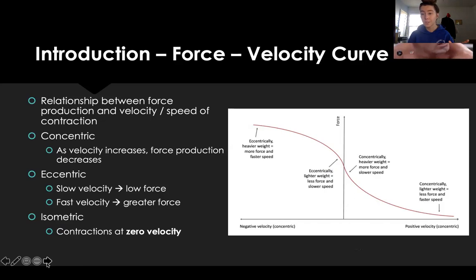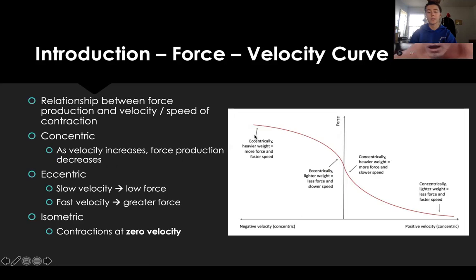Okay, force velocity. I'm pretty sure you guys have already been introduced to this, but I'm going to briefly go over it. Force velocity, you can see the visual representation of it on this graph. The force velocity curve kind of looks like this little downward slope right here.